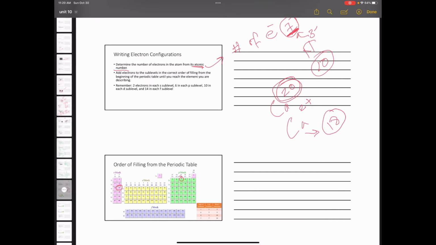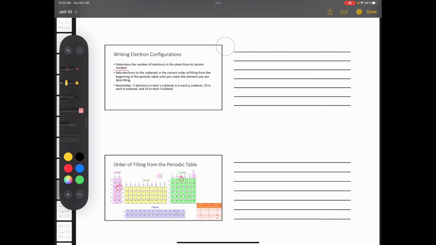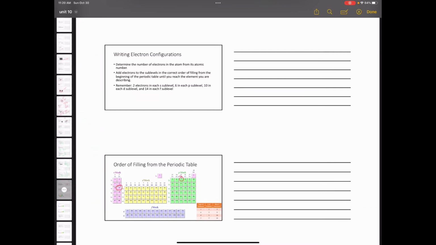Okay, and we will do some examples for this one as well, but I want you to keep that in mind. We don't write electron configurations only for neutral atoms. We do it also for ions, either cations or anions.